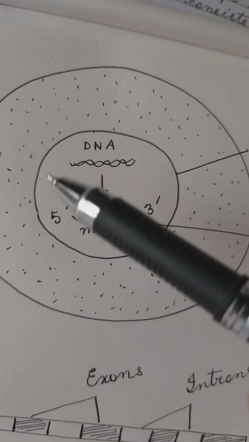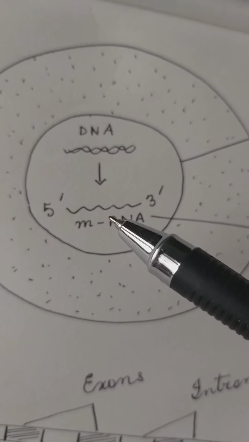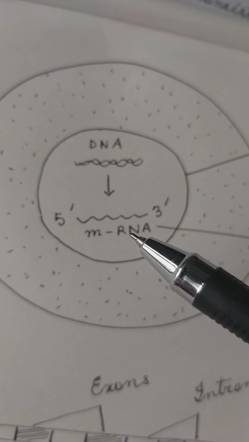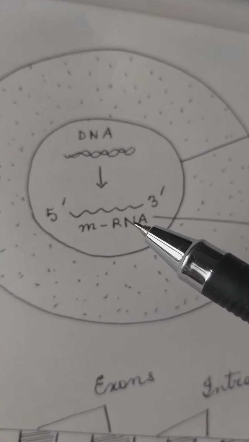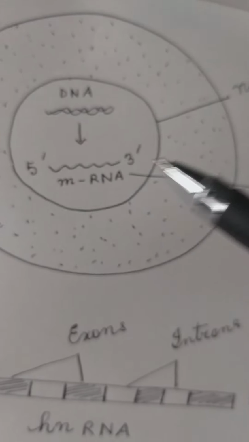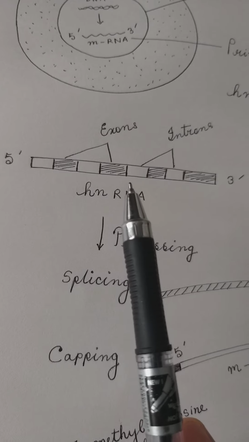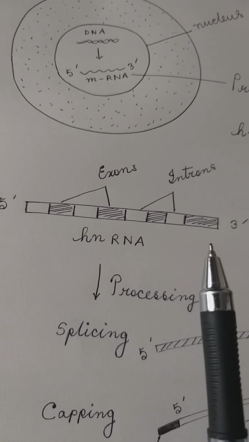So inside the nucleus of a eukaryotic cell, the primary transcript or hnRNA undergoes processing to become mature. There are three processings. There are three types of modifications. This is the hnRNA or immature non-functional primary transcript.